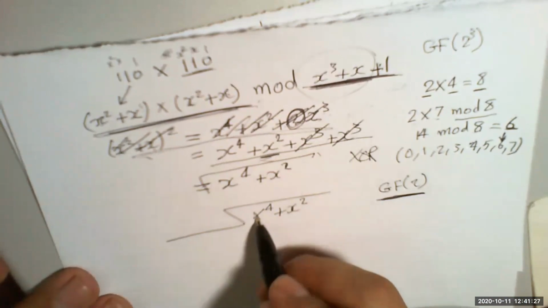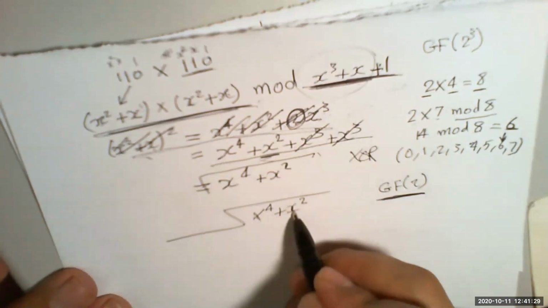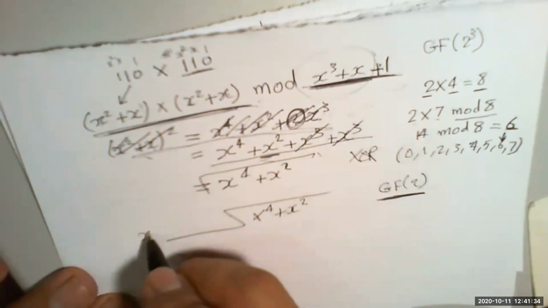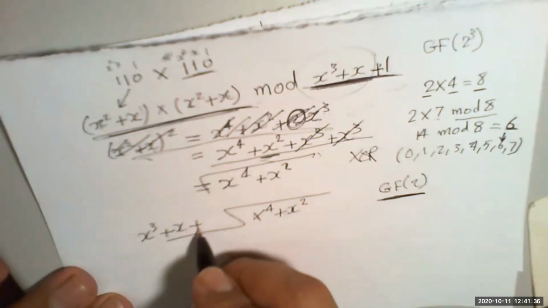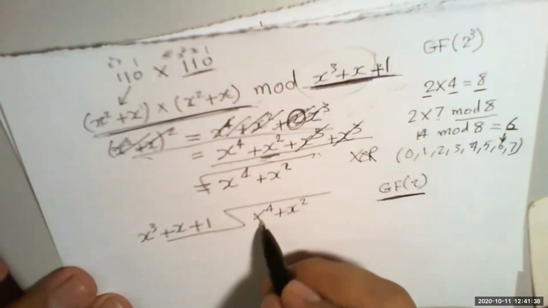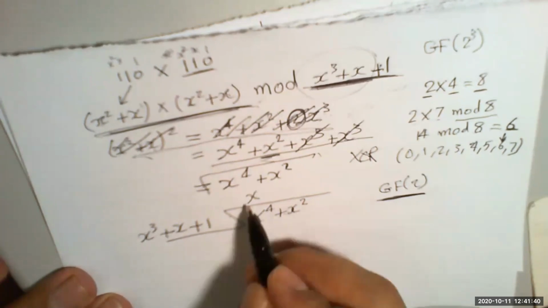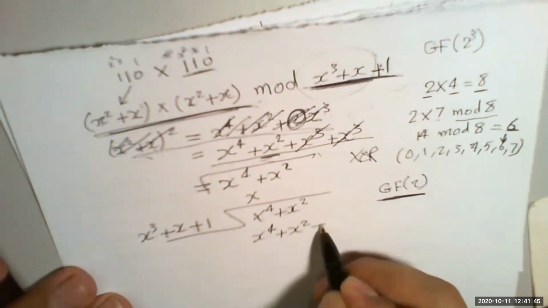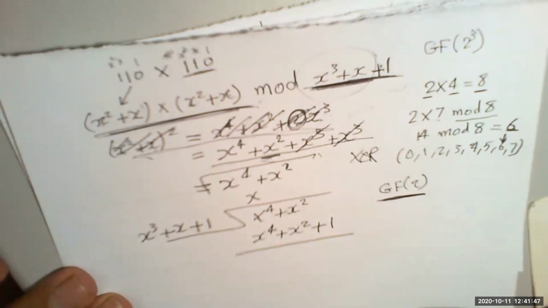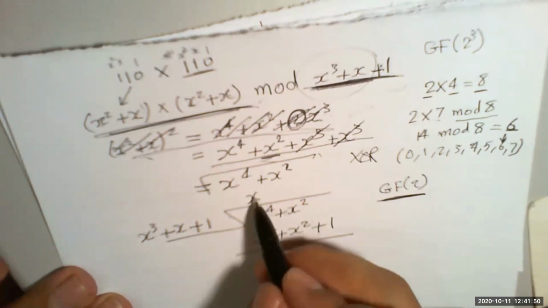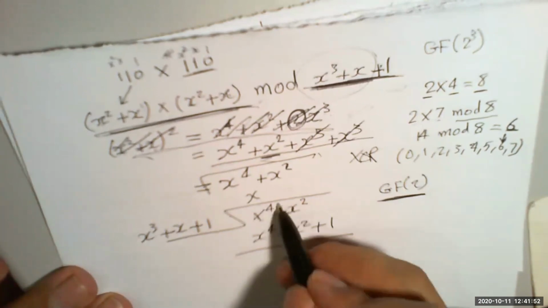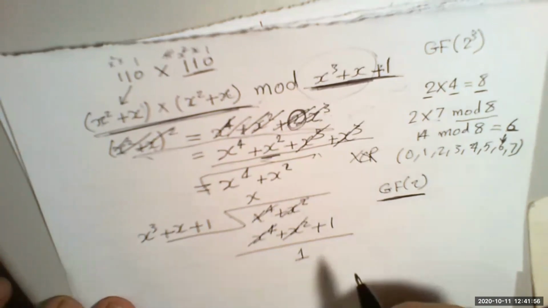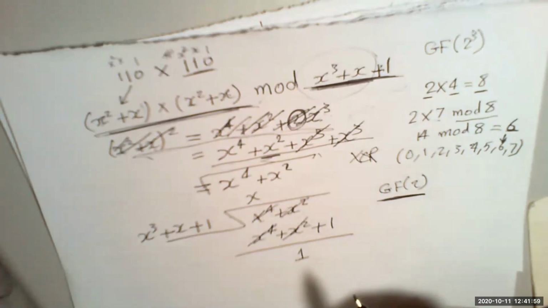So x to the power 4 plus x to the power 2 divided by that irreducible polynomial, x cubed plus x plus 1. To get x4, we multiply by x. So x4 plus x squared plus 1. So I multiply, I make addition, and the remainder is 1. Okay? The remainder is 1.